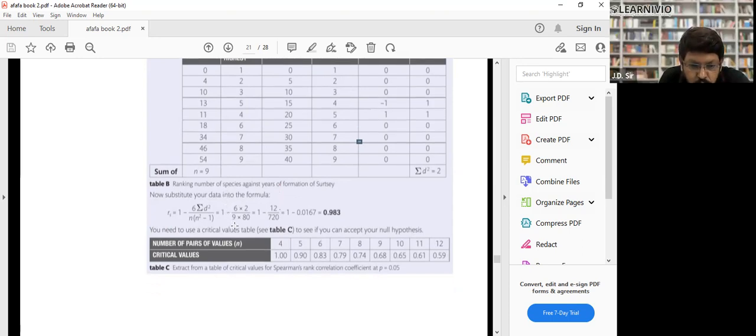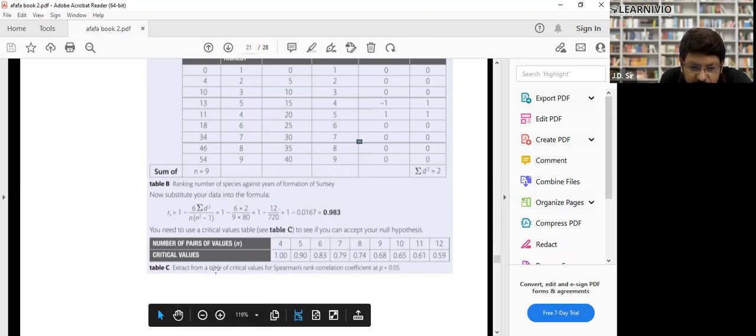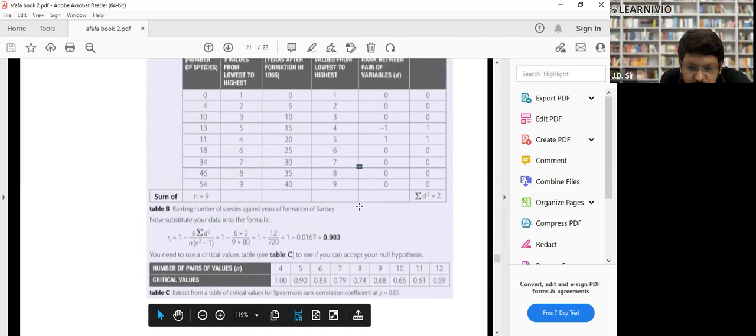Now you need to use a critical value table. See table C. So you need to accept your null hypothesis. Our value is 0.983, right? And if you extract from the table the critical value for Spearman's correlation coefficient, P is equal to 0.05.